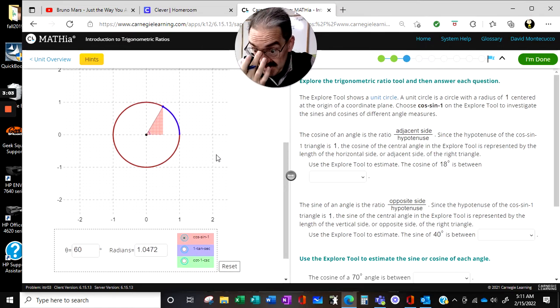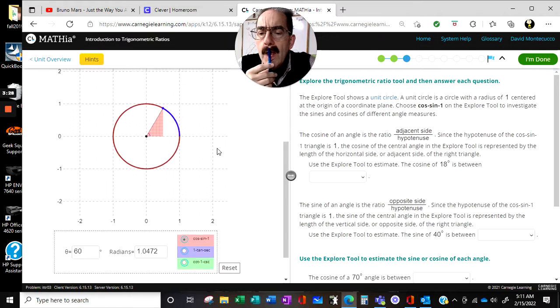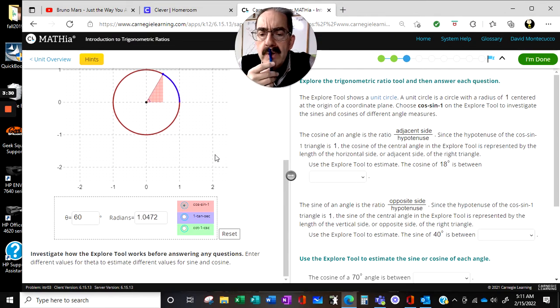Alright, so now we have this thing called the unit circle. Cosine is the measure of the horizontal length, sine is the measure of the vertical length. So cosine is the x, sine is the y. Now we investigate.